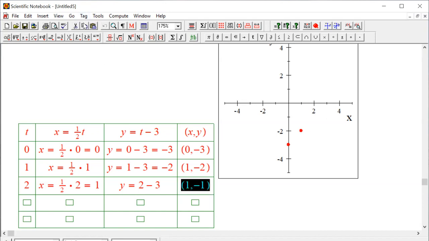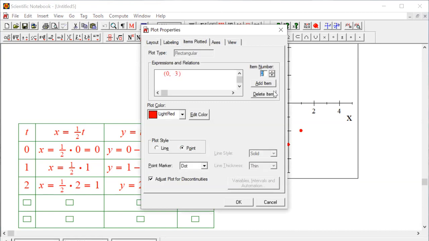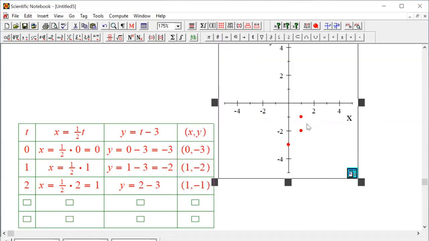And that point is going to be plotted on the picture right there. So the point goes up there. Did I calculate it correctly? Moment 2, half times 2 is 1, 2 minus 3 is -1, right? So 1, -1.